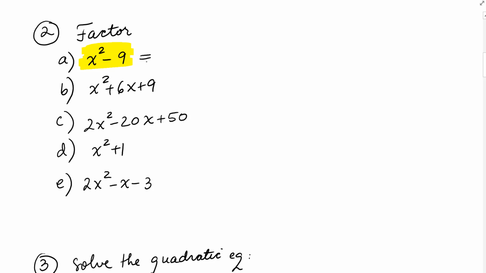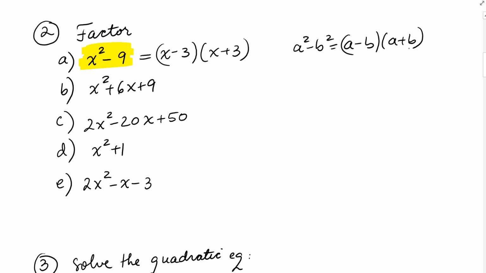So this is a difference of 2 squares, and we're going to do x minus 3 times x plus 3. Feel free to multiply them back and see how you obtain the same thing. So a squared minus b squared is a minus b times a plus b. It's a formula that is very, very important. It shows up many times.